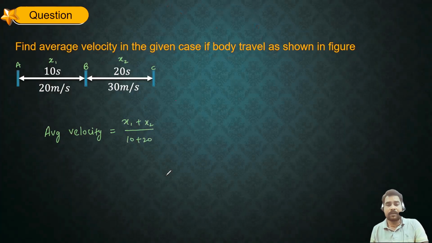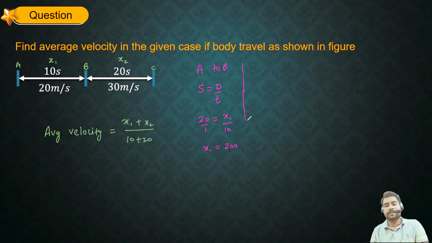Now I am considering journey A to B. From A to B, I can again use speed is equal to distance upon time. Speed is given to me as 20. Distance I let as x1 and time is 10 seconds. So the value of x1 is going to be 20 into 10, or 200.